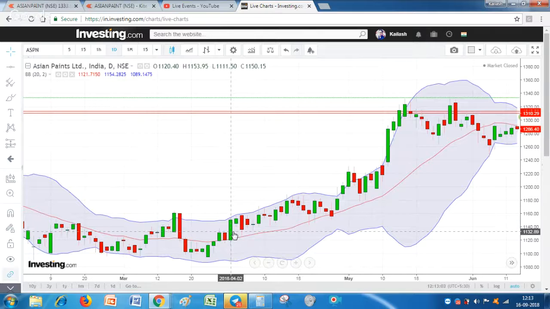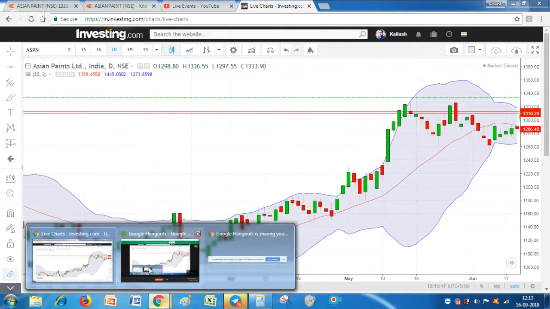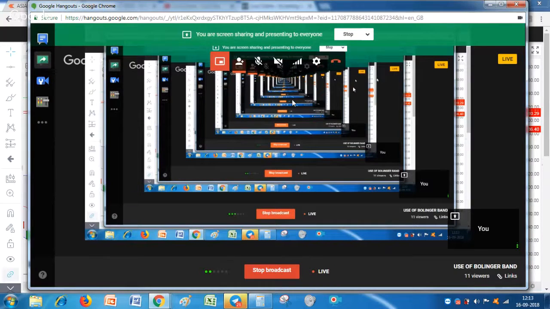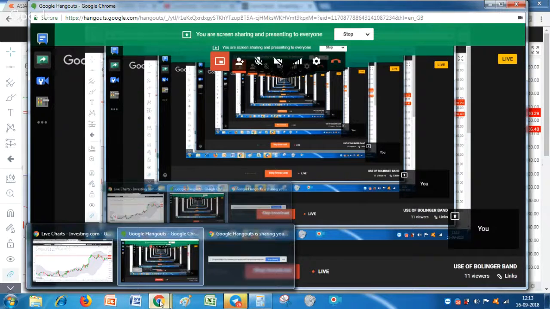So friends, there is a risk of approximately 22 rupees. I think chat is not visible here, let me just check it. I think there is no option, I'm not comfortable with where we can chat.